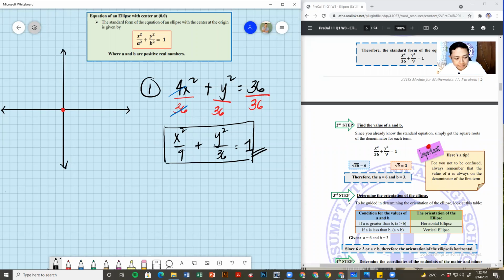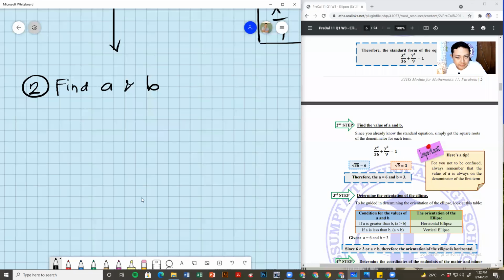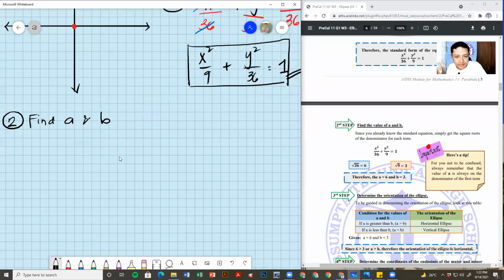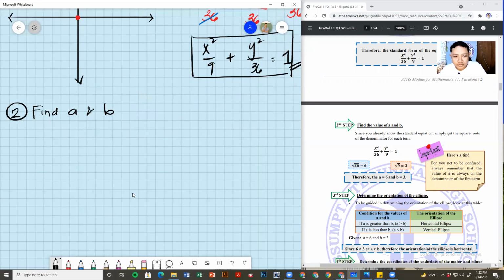Second step, find A and B. Let me make it bigger. There you go. All we have to do is get the A squared and the B squared.